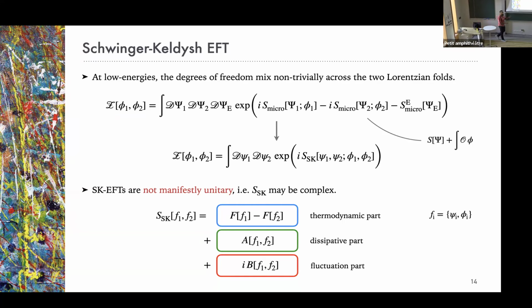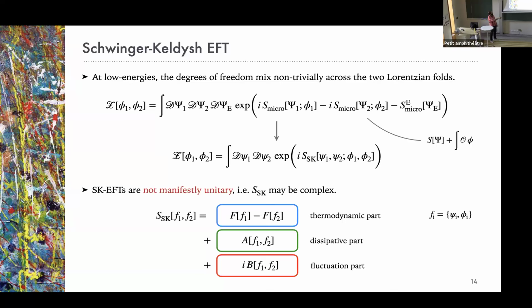And you would hope that if you can do this procedure with some control, pops out a low energy effective field theory, which is now, again, the same partition function that you're computing, but now you're integrating only over low energy degrees of freedom, and you're weighting with some complicated action that is a function of your degrees of freedom and your variables. Right, now, all the gory details, of course, go in this step, but whatever that step is, this is the action, or the MSR action, or the action that I'm actually interested in, the Schwinger-Keldysh effective field theory.